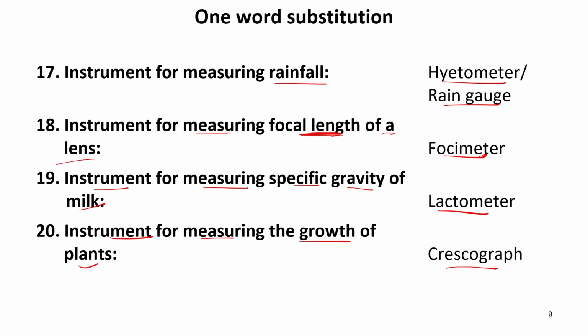Now, one group of words may have different words as well, or you can say one word can have different definitions. So the instrument for measuring the growth of plants is known as craskograph. Now let us move to the next one.